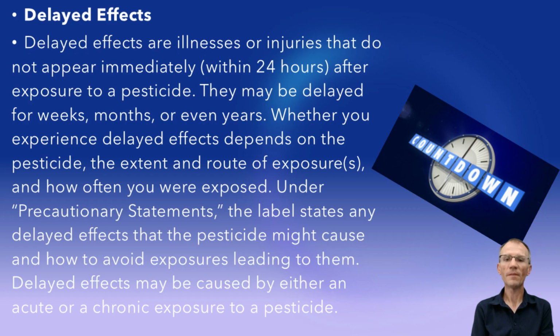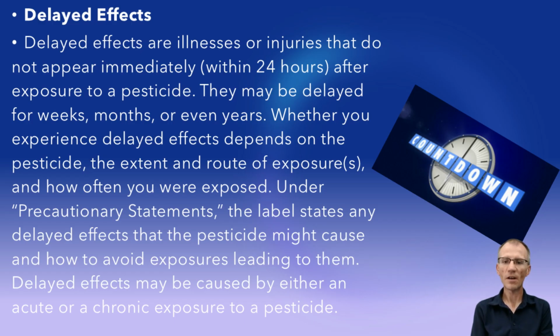Another important term you need to know about when it comes to pesticide use is delayed effects. Delayed effects are illnesses or injuries that do not appear immediately within 24 hours after exposure to a pesticide. They may be delayed for weeks, months, or even years. Whether you experience delayed effects depends on the pesticide, the extent and route of exposure or exposures, and how often you were exposed.